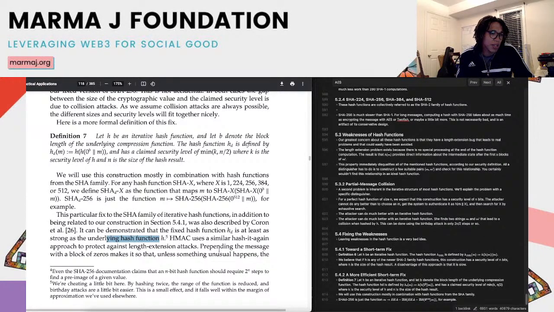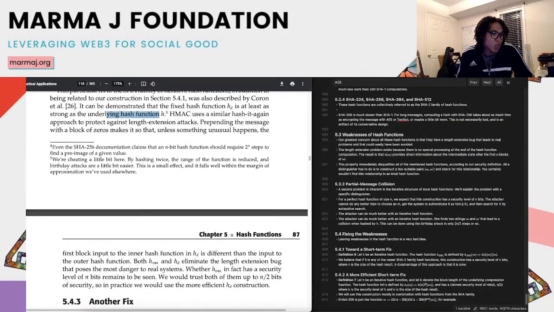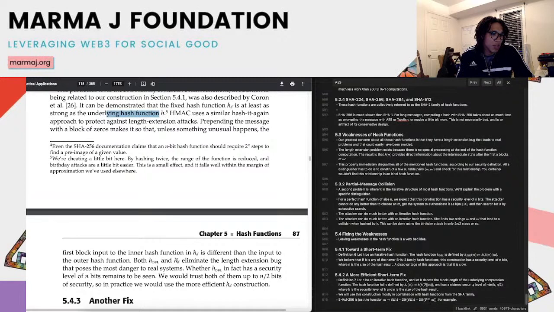Prepending the message with a block of zeros makes it so that, unless something unusual happens, the first block input to the inner hash function is different than the output. Both HDBL and HD have this property. Whether HDBL in fact has a security level boost remains to be seen. We would trust both of them to be up to security, so in practice, we would use the more efficient HD construction.